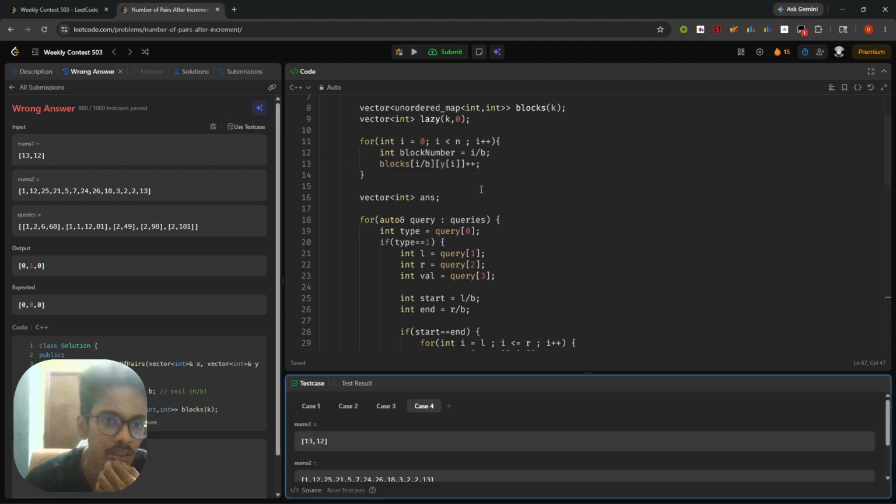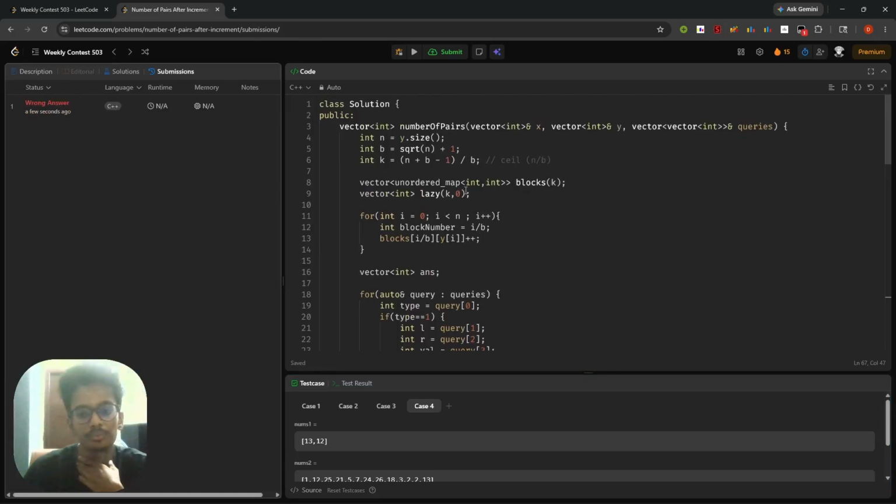Let's add this test case and let's look for what we missed. So the thing is, n equal to y size, b equal to square root of n plus 1, n plus b minus 1 by b, which is the ceiling. Fine.